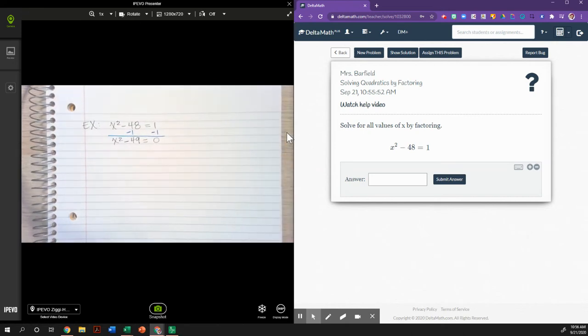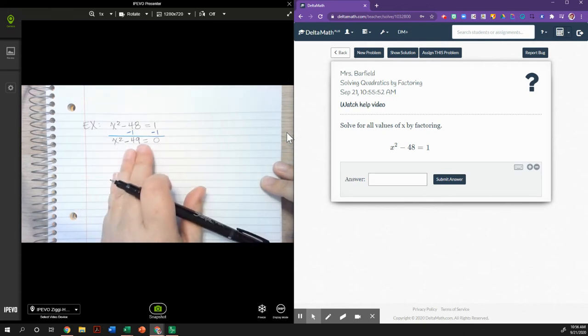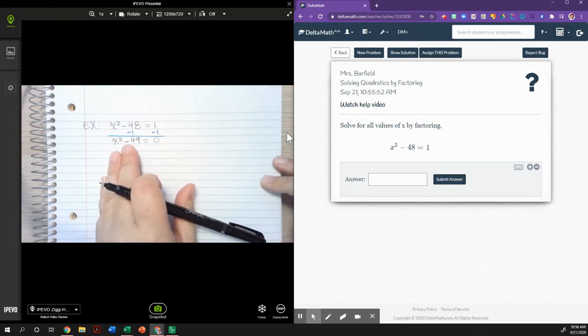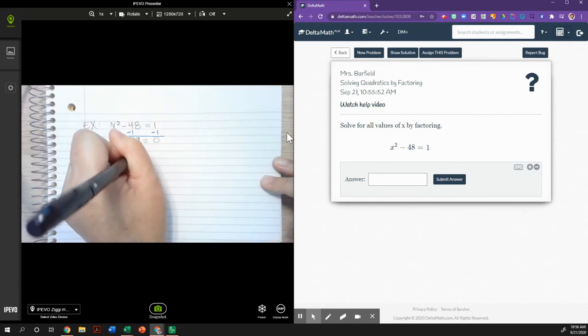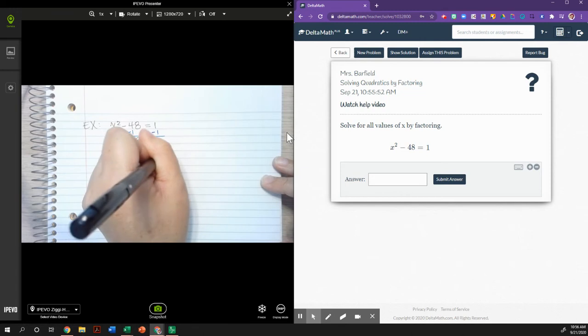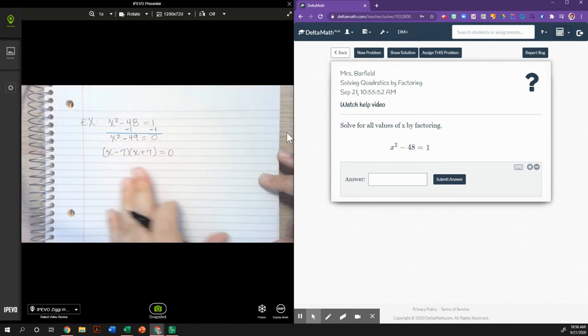This is a difference of squares. So I have even exponents, I can take the square root of 49, and I have a subtraction sign. So x minus 7, x plus 7 equals 0. Whether or not you remember this from last year, this next step is actually optional.